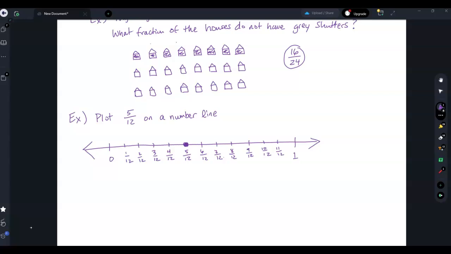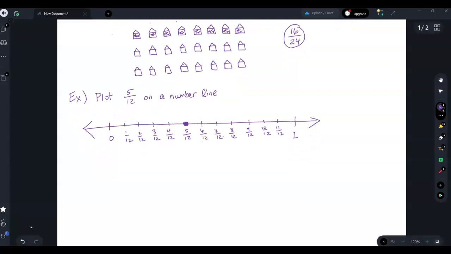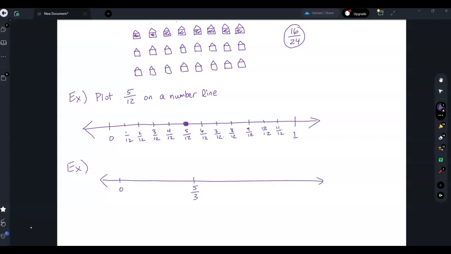However, this can get a little bit more complicated if you're given a number line. So for example, let's say that we are given a number line and 0 is already plotted, and then also 5/3 is plotted. And let's say that we want to plot the number 1, for example.